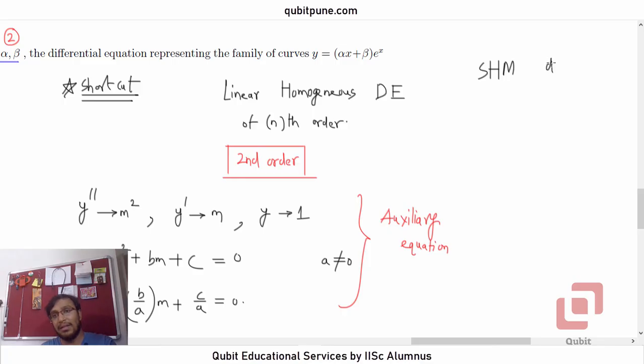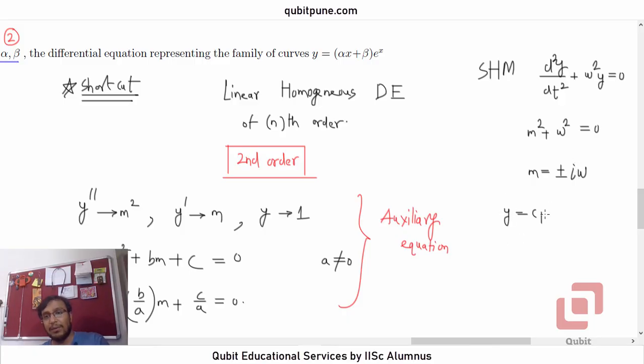What is that? That is d2y by dt squared plus omega squared y equal to 0. So here the auxiliary equation will be m squared plus omega squared is equal to 0. So m is equal to plus or minus i omega, because the real part is 0.